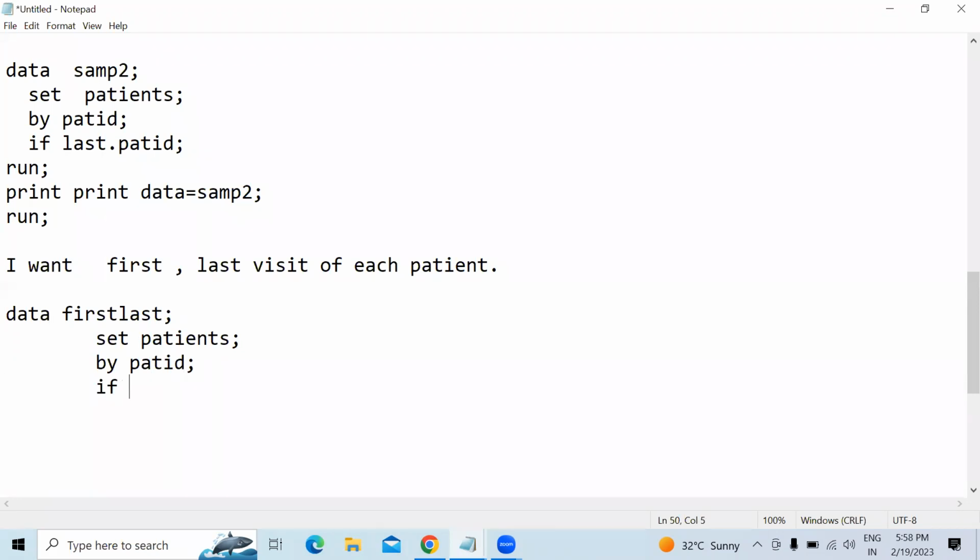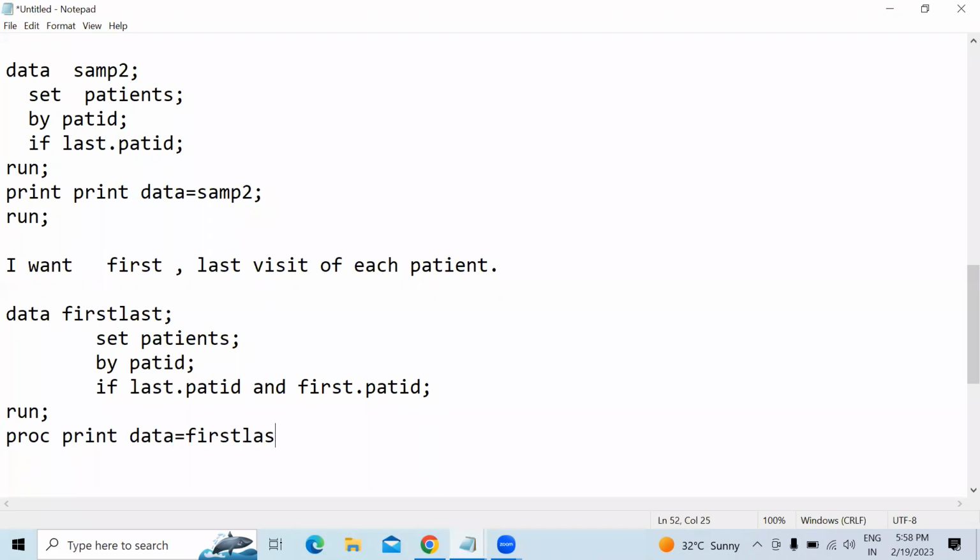If last dot patient ID and first dot patient ID. Run. From print, data is equal to first last. Run. Is it correct?